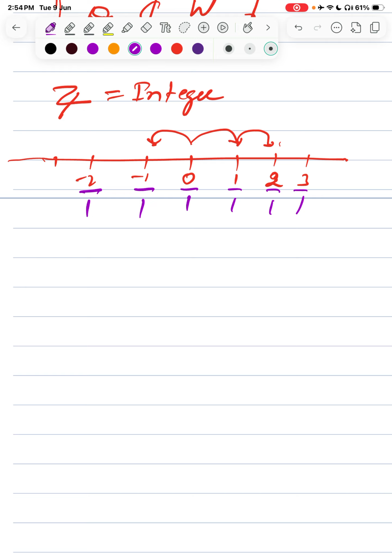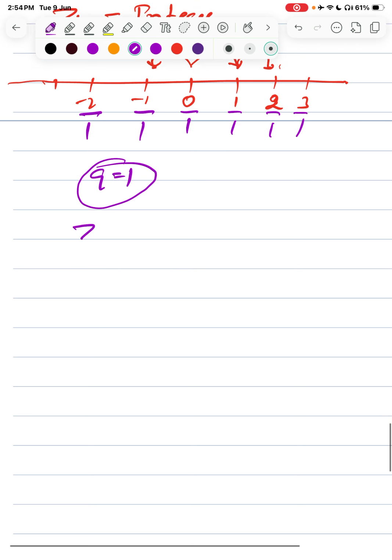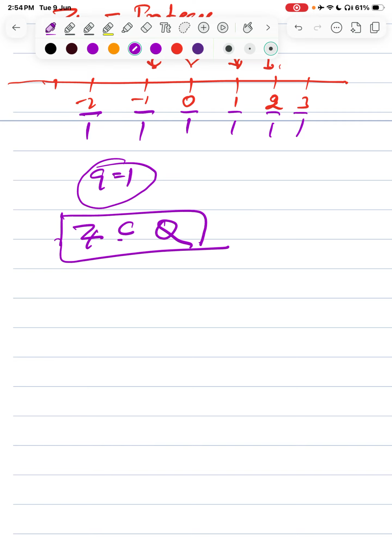So you can write each integer as P by Q, by putting Q equal to 1. So each integer is a rational number, and the complete set of integers is contained in the set of rational numbers.